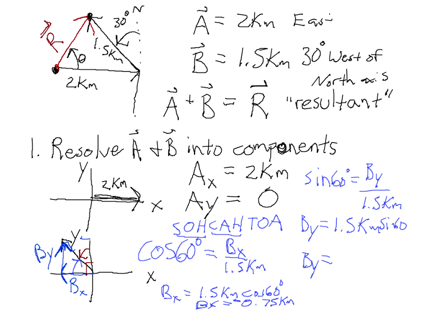I'll type that into the calculator. Sine of 60 is 0.87. Multiply that by 1.5, and you get 1.3 kilometers.